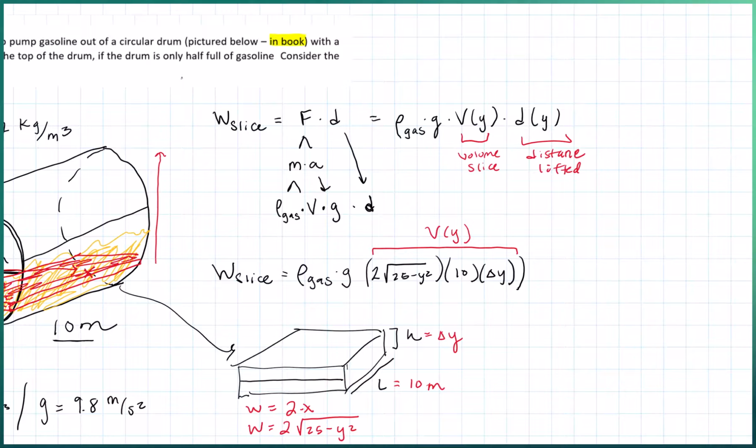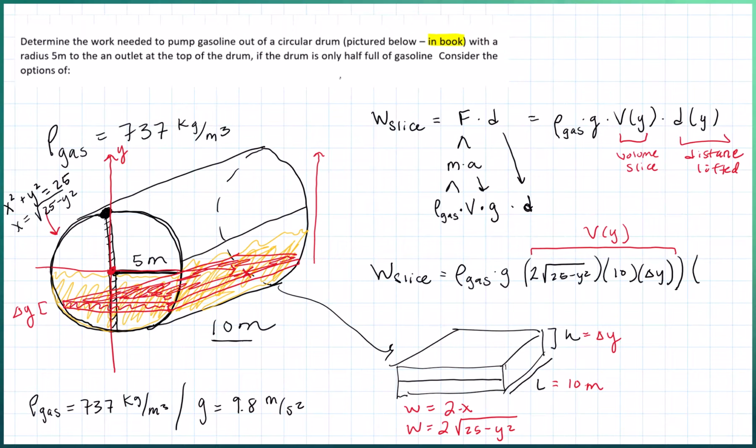And then I need to calculate the distance of each slice. How far do I have to lift each slice to get it out of that cylindrical drum? Let's think about it in terms of the coordinate system. This point at the top of the drum is 5 units above the origin. The origin is at 0, and this down here is at -5.